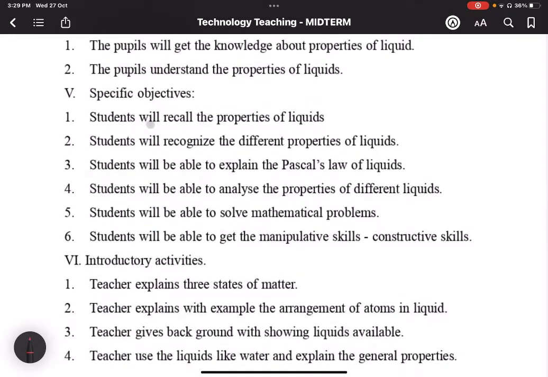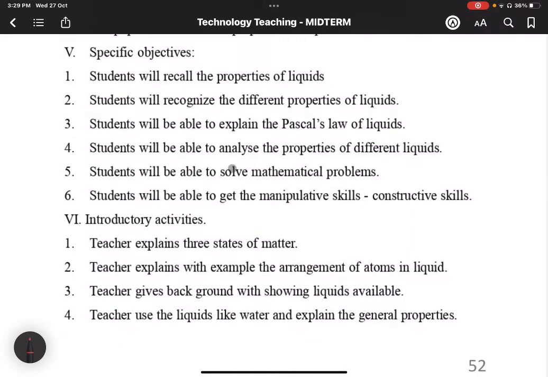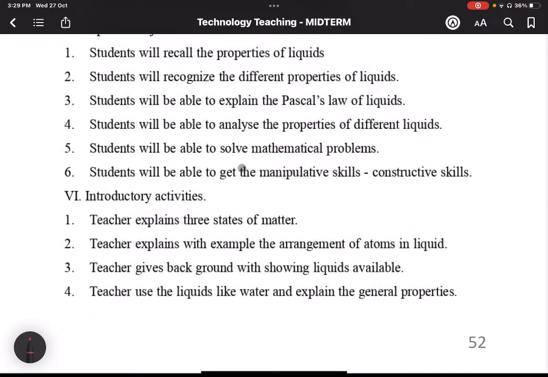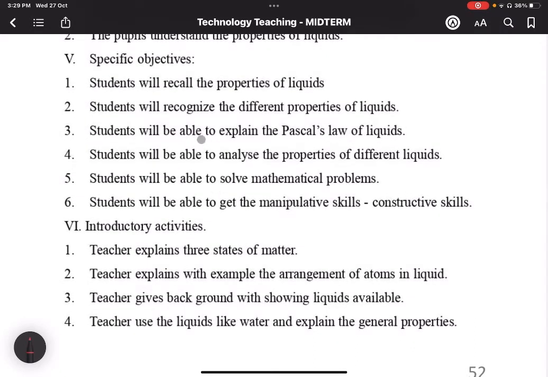Dito, specific na tayo. Meron ng recall, recognize, explain, analyze, solve, and then get. So, ito mga verb na to, ito yung pinag-aralan natin ng prelim, no? Na dapat nakalagay sa objective natin specifically, no? Ito yung mga skill na dapat matutunan ng student mo actually.